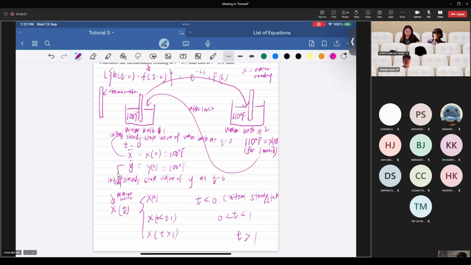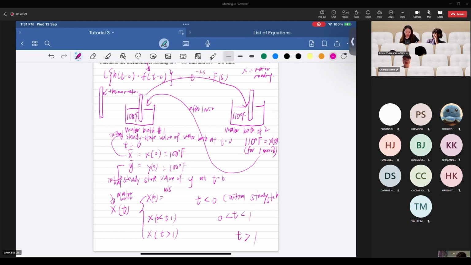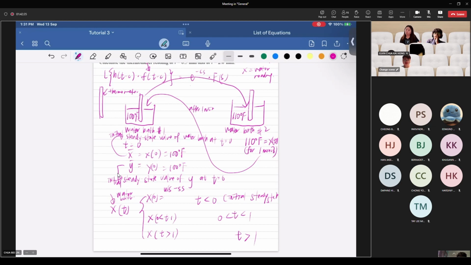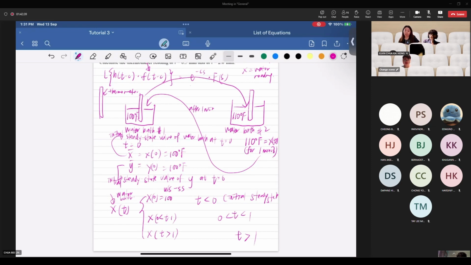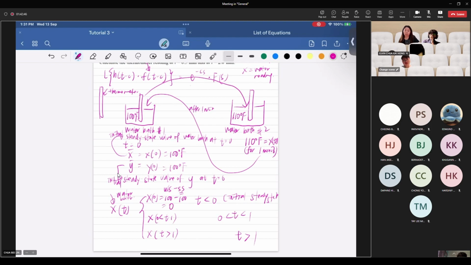So during steady state, always you have to use unsteady state minus steady state. So at time equals to 0, your water bath have no time to respond yet. So the value will be exactly the same like the steady state value. Then steady state value is 100. So this gives you the change is 0.